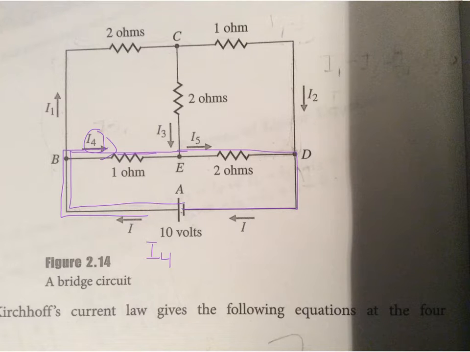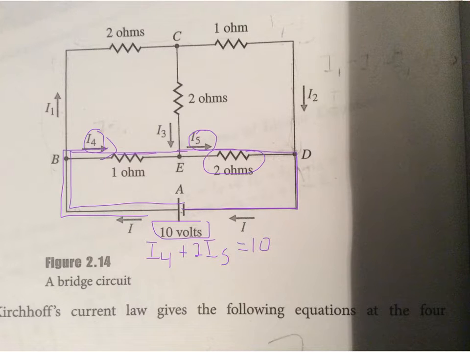Then as we move through this hub at E, we travel across this 2 ohm resistor with current I5, so we go plus 2I5. Then we come back to here with nothing else happening, and we know that the whole voltage in the circuit is the 10 volts from here. So that's where the first voltage law equation comes from.